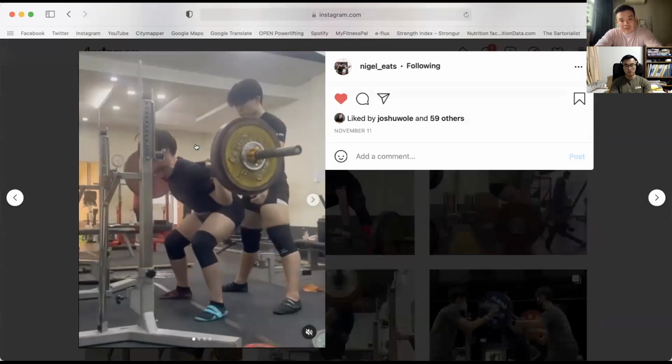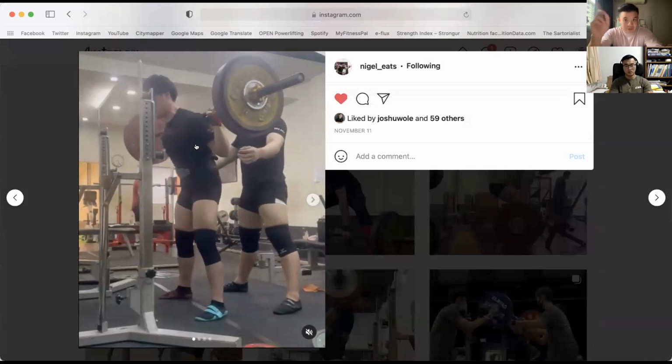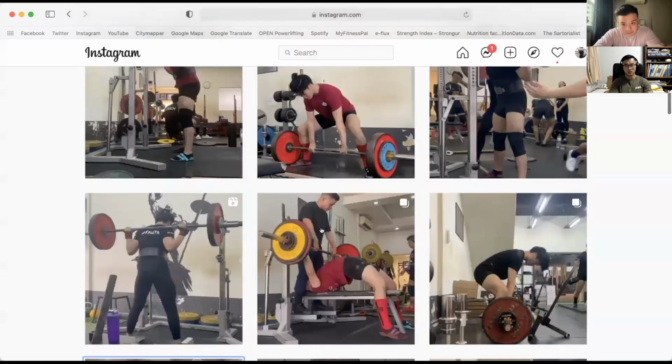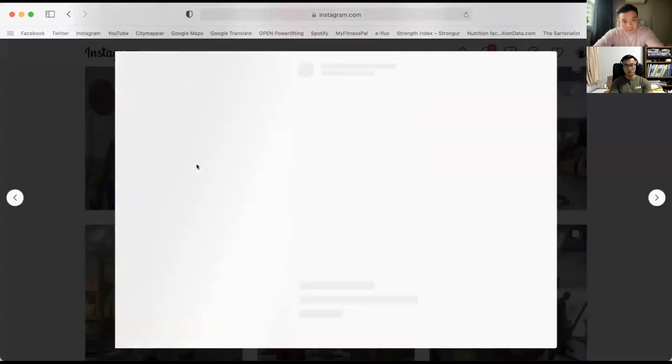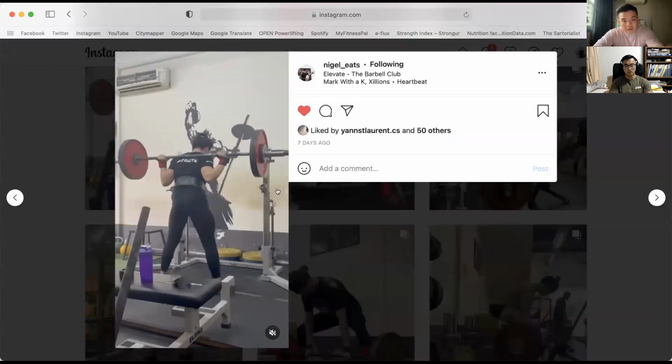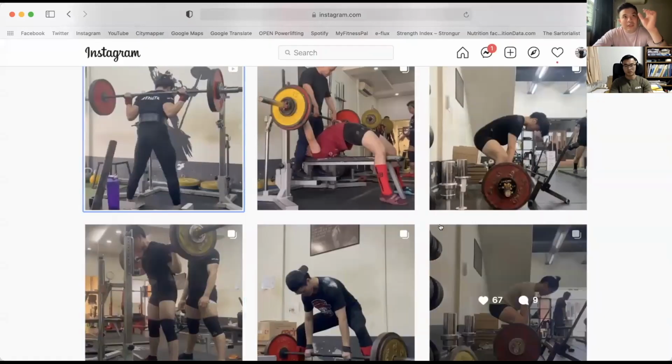So we fixed the constraint of the barbell, number 1, and then number 2 is we had to change his stance, right? Because that V stance that we talked about wasn't allowing his pelvis to create a closure or a nutation at depth.